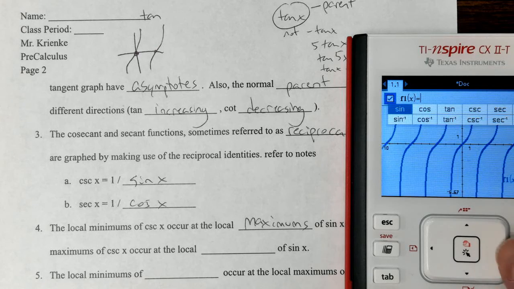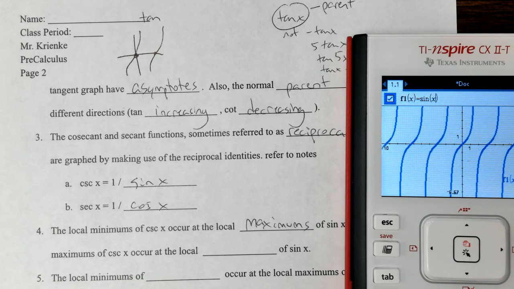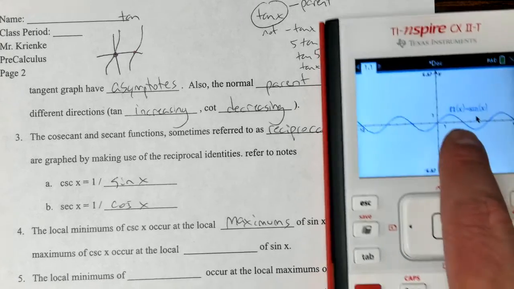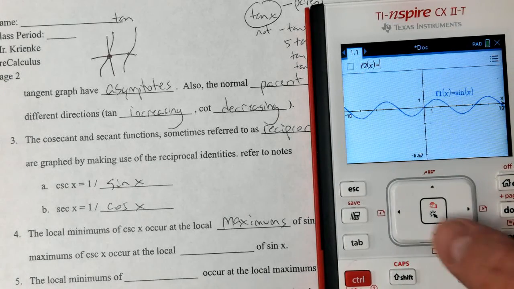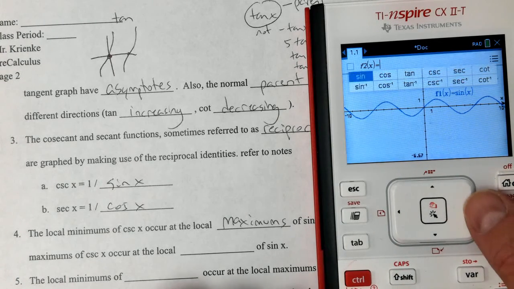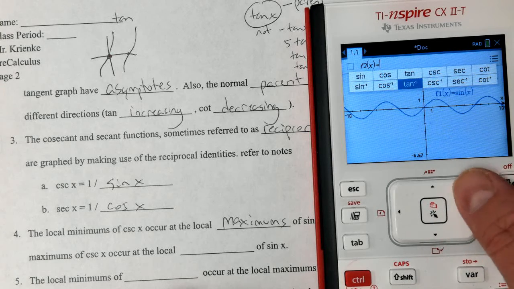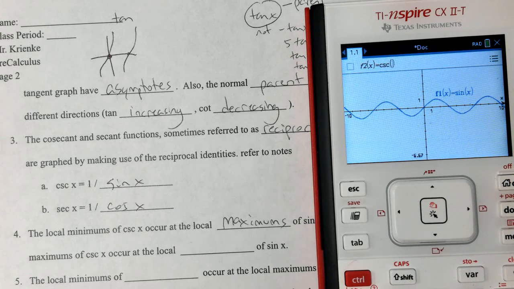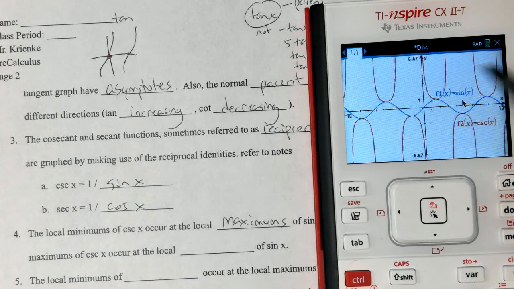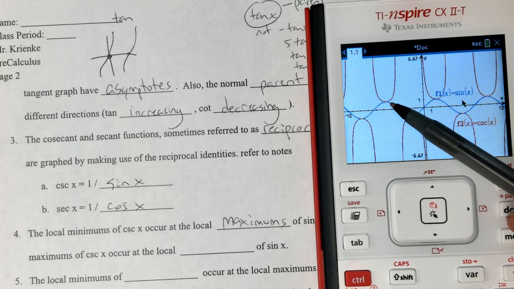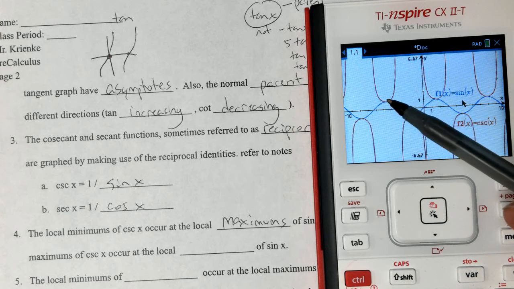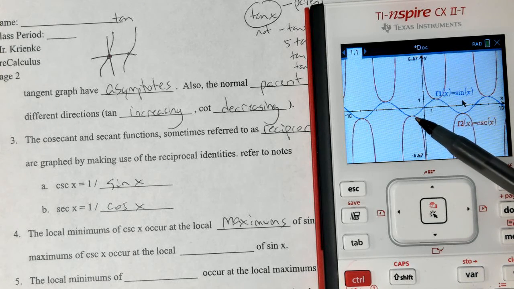So if you did sine x, there it is, and cosecant x would be touching it. Cosecant x. So this range would look really weird if you had to write it. It'd be y greater than or equal to 1, and also y less than or equal to negative 1.